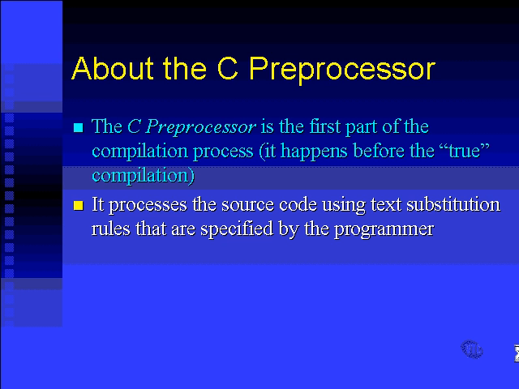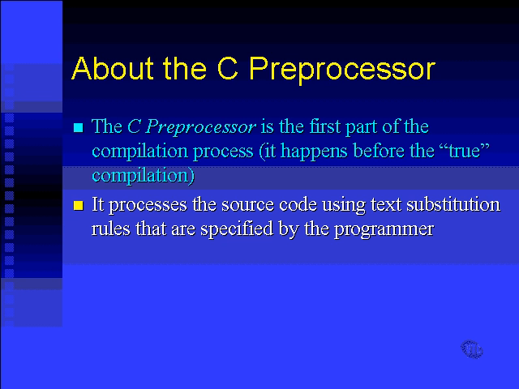The word cat wouldn't be there anymore, but the word dog would. Again, that's a bit mysterious as to why you might ever want to use such a thing, but I will be getting to that. The substitution of one word for another is not the only type of substitution that the C preprocessor can perform.